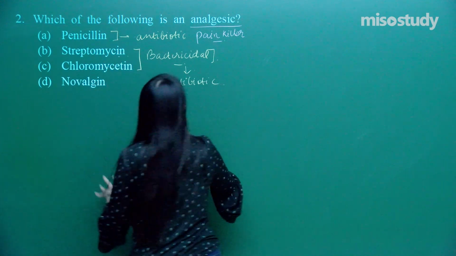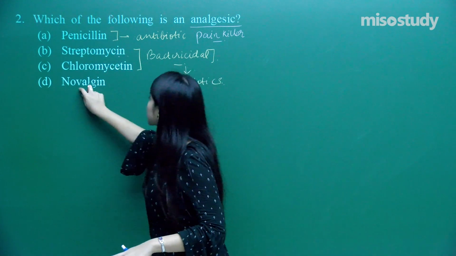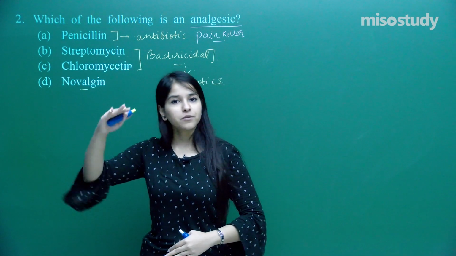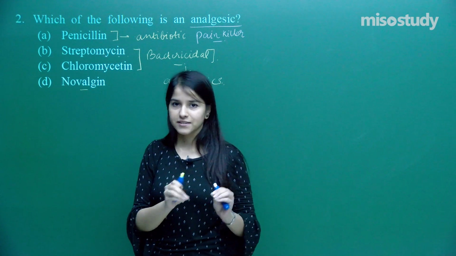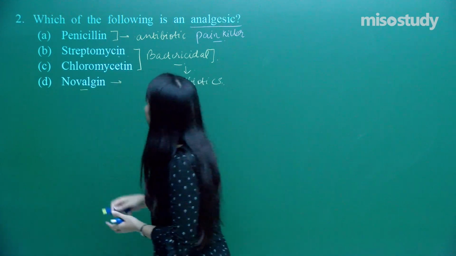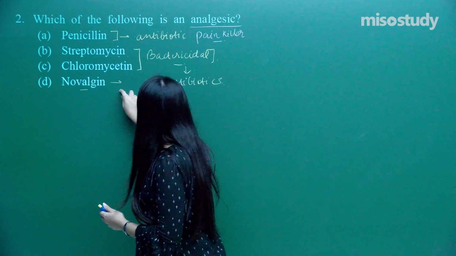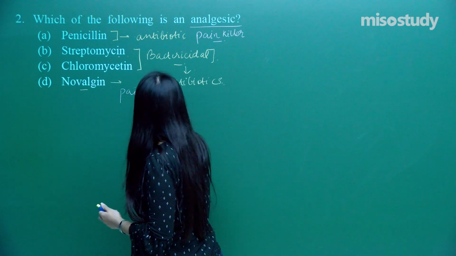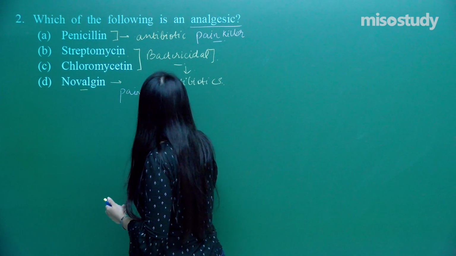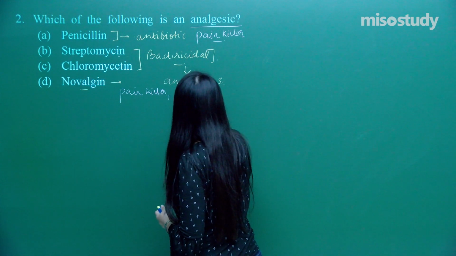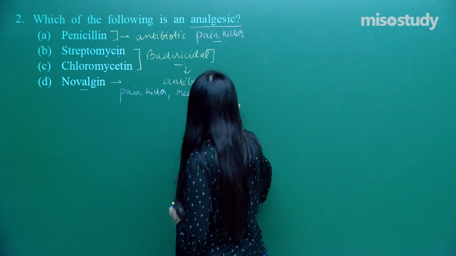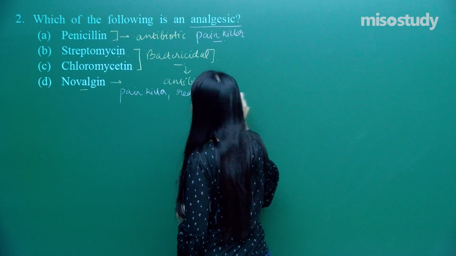And what I'm left with is Novalgen. If you don't know what Novalgen is, you can try to eliminate all the possibilities, then have the answer. Novalgen is a painkiller first. Also it reduces fever. That is antipyretic as well. So that is for your information.